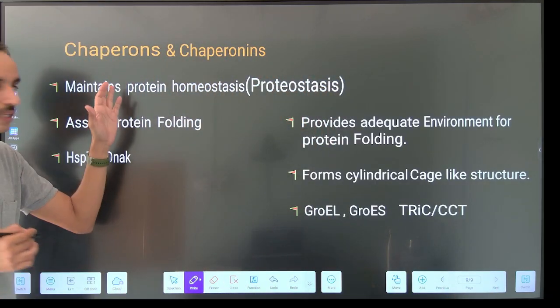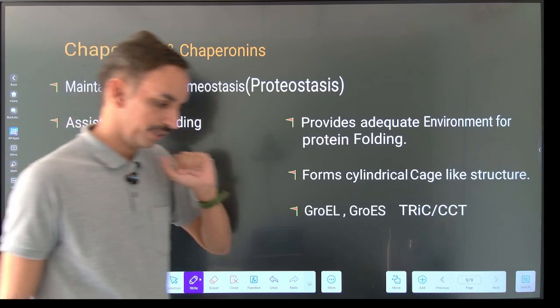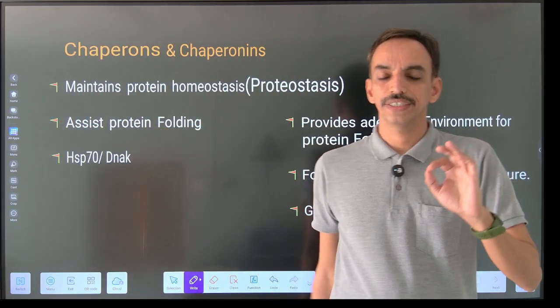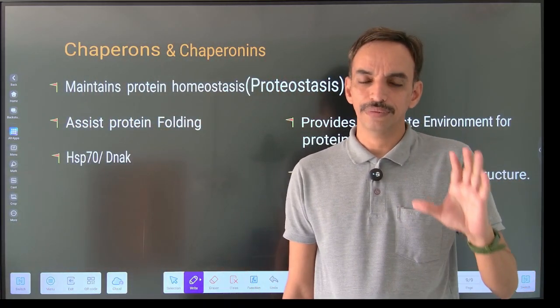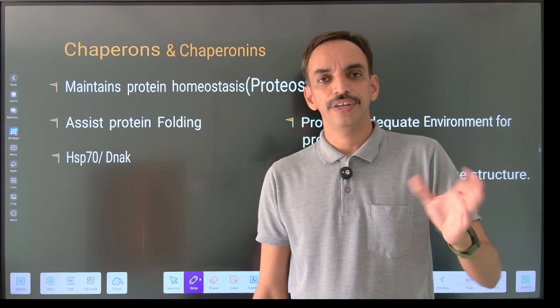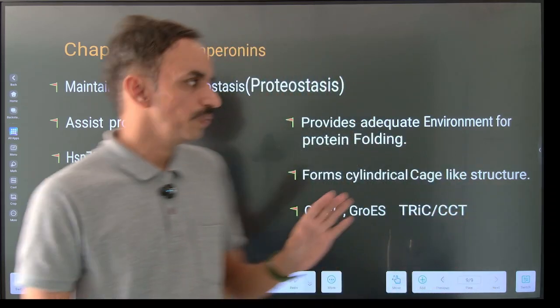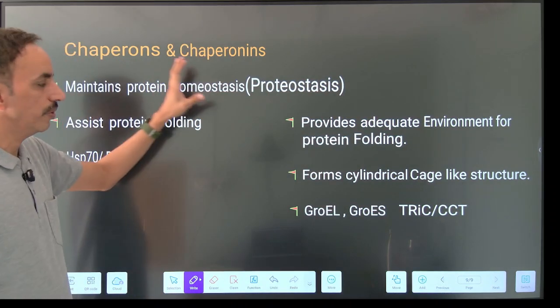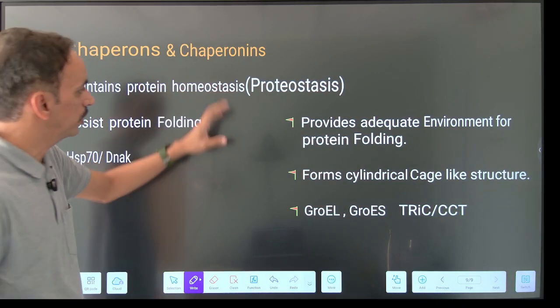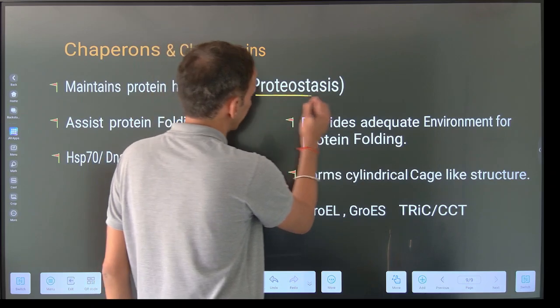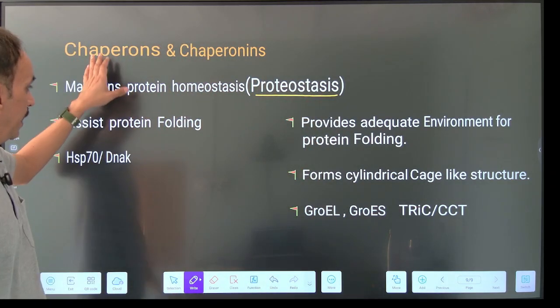Another concept is of the chaperones and the chaperonins. These chaperones help in protein folding, refolding, as well as in the assembly of proteins. So we can say they are involved in protein homeostasis, that is also called proteostasis.